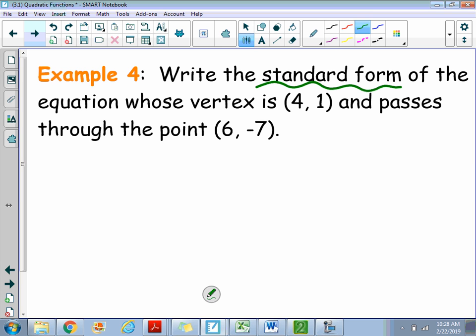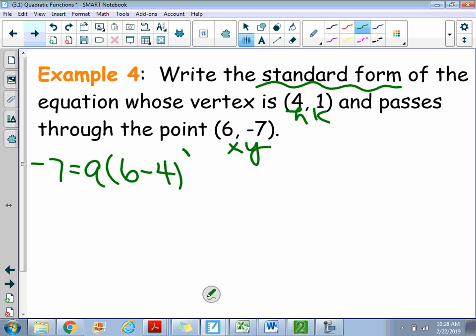Okay, so same process here. Let's plug the stuff in. This is my h and my k, my x and my y. So negative 7 is equal to a times 6 minus 4 squared plus 1. 6 minus 4 is? Squared is? So 4a plus 1. Look at that.